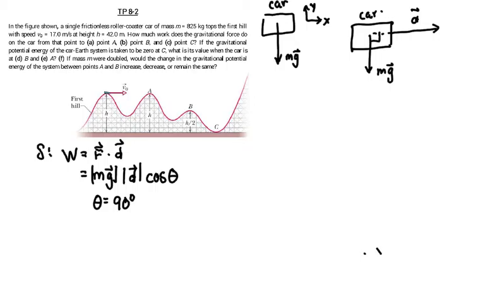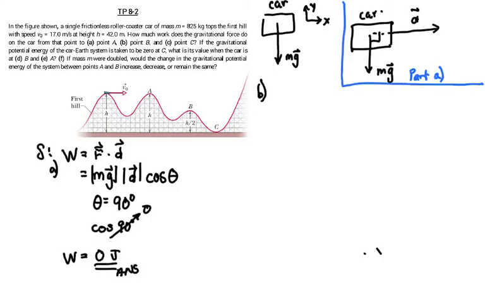So the angle between those vectors is 90 degrees, and the cosine of 90 degrees is 0. So the gravitational force does 0 work from our starting point to point A, because there is 0 displacement in the y direction.